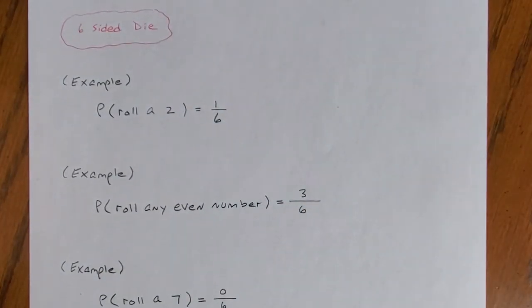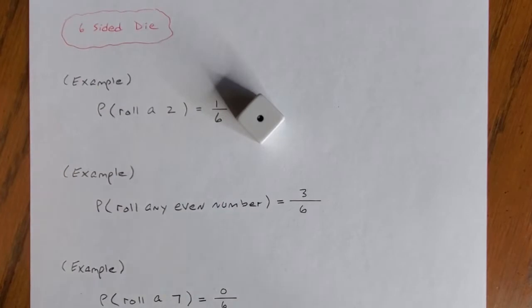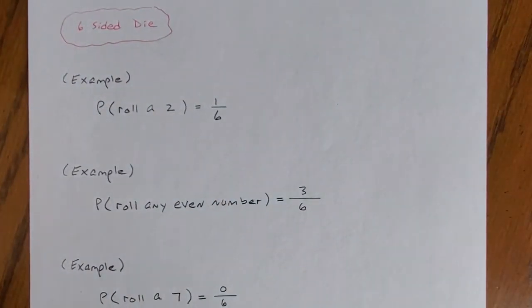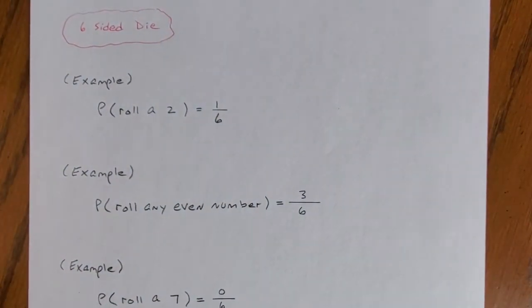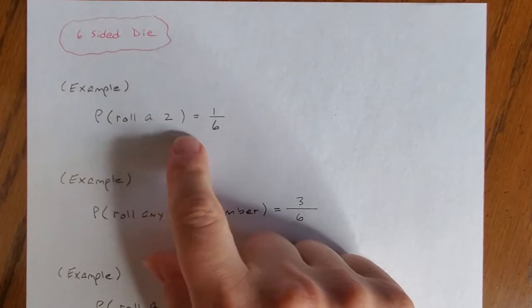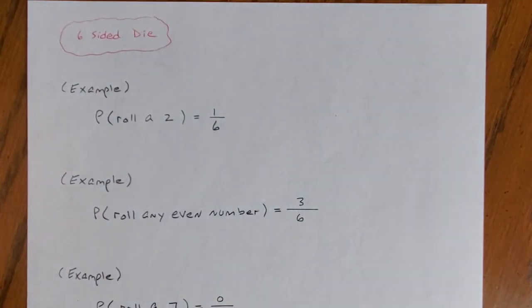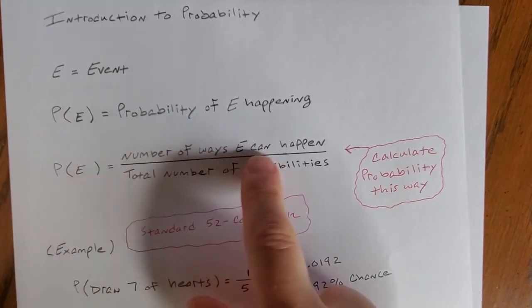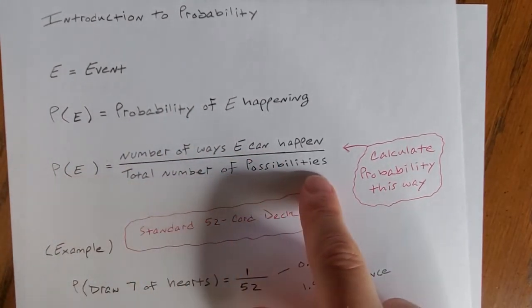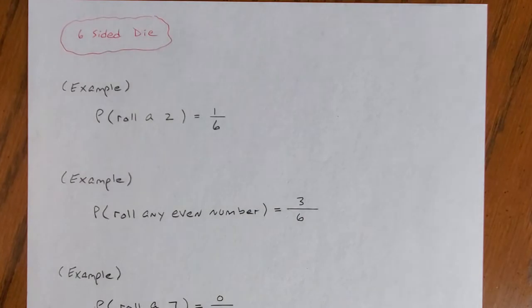We use it in games because it's very hard to roll a die and get it to land the way you want, although there are people who claim that they can. So let's practice the same thing, that the probability of an event E is the number of ways E can happen over the total number of possibilities, with a die.